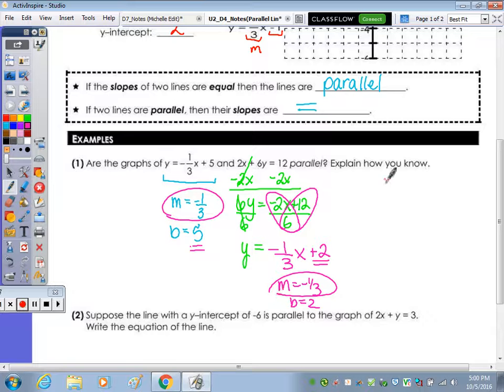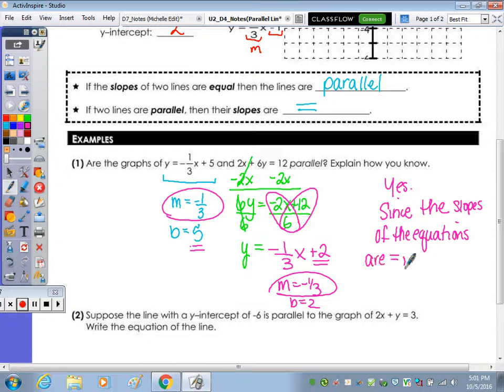So are the graphs parallel? Yes. Since the slopes of the equations are equal, the lines are parallel.